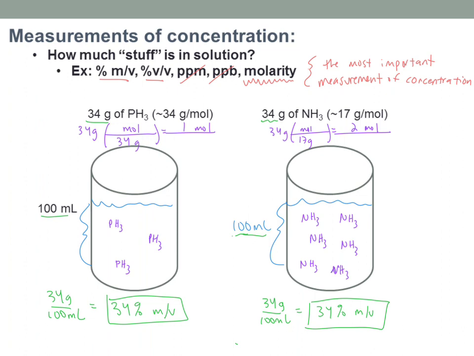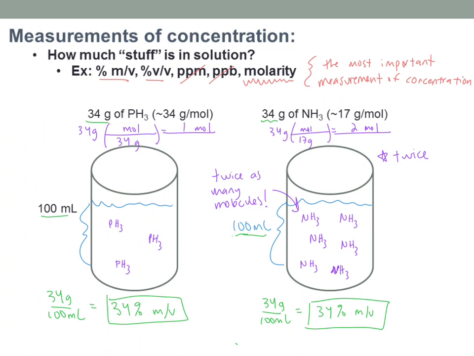We're going to draw six ammonias here to represent that there are twice as many molecules in here. It has twice as many molecules as the one on the left. That's really important because it means that this one is actually twice as concentrated.